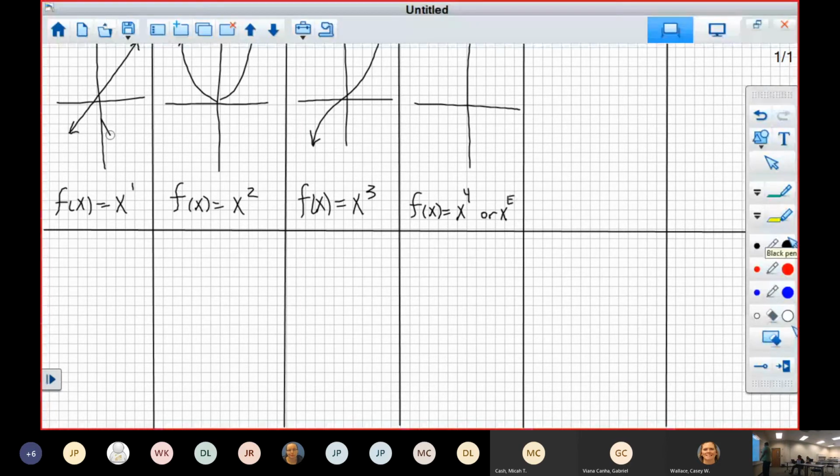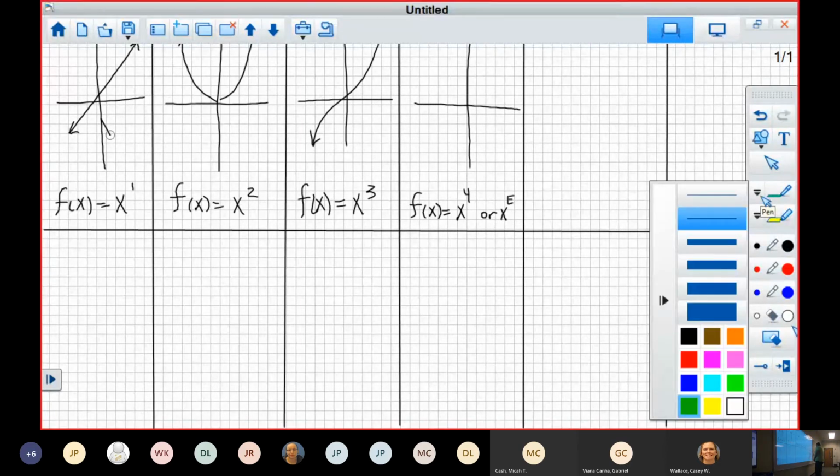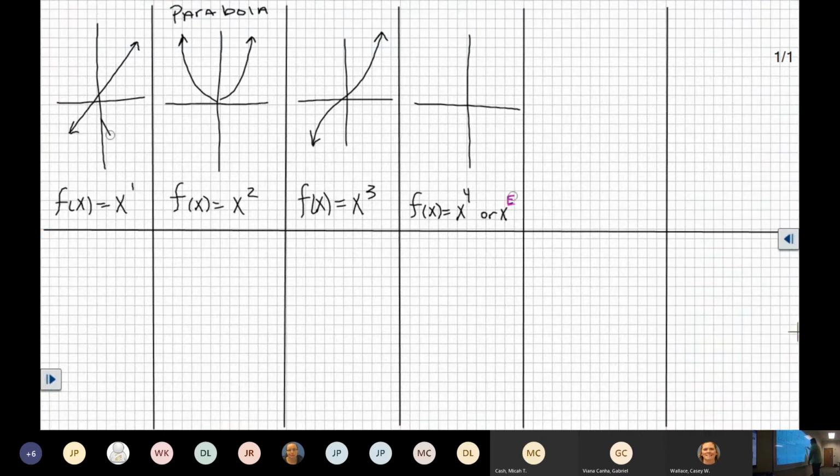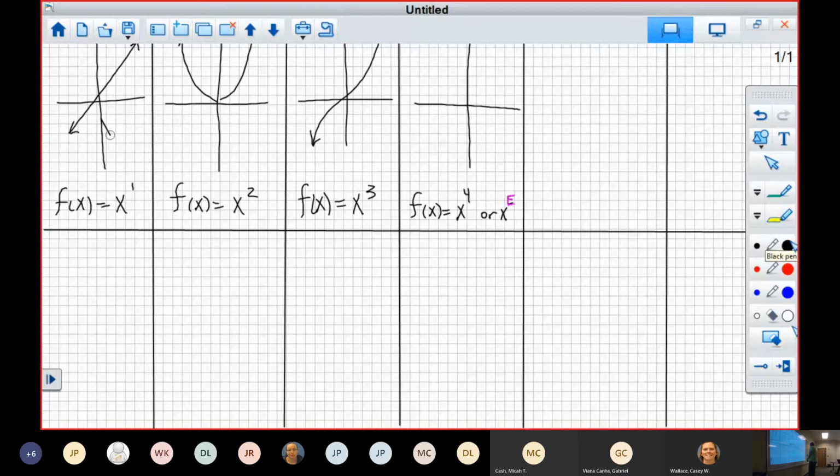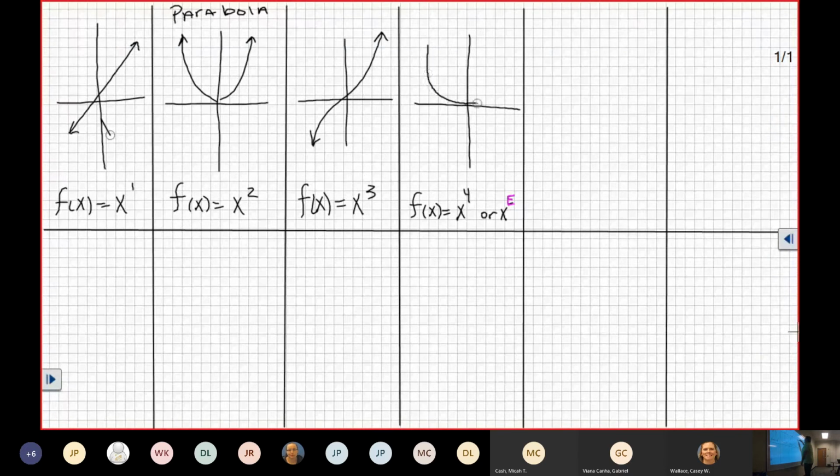Because when you have an even exponent, not only is it even, meaning symmetrical around the y-axis, but the higher even exponent you get, the more square your parabola gets.